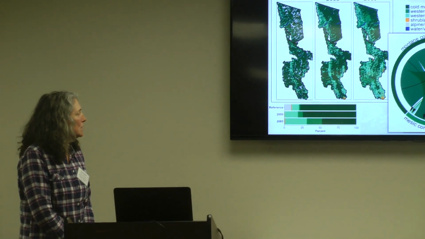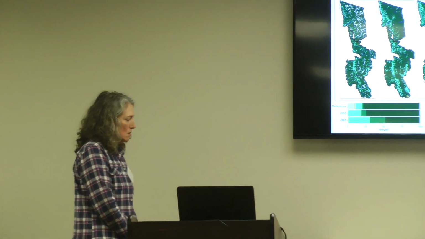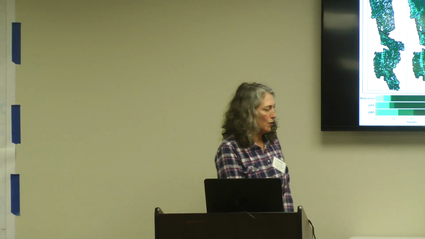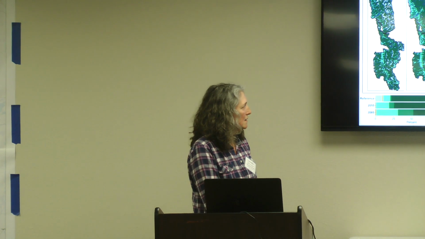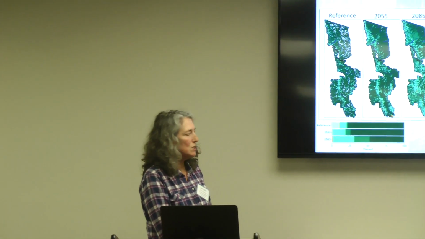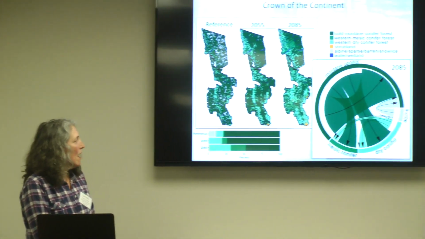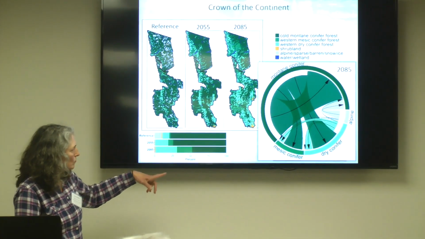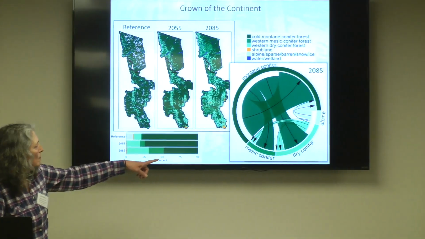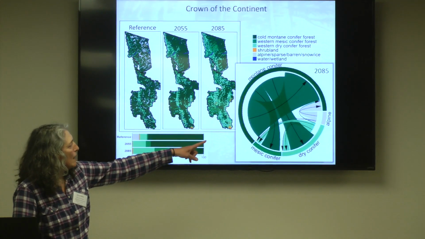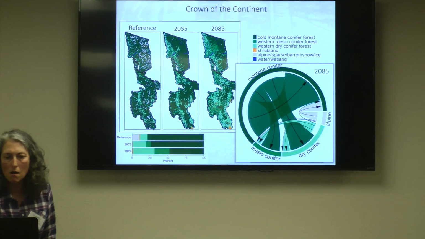And then we can look at these cool diagrams called chord diagrams and actually see the transition, like what's transitioning to what. And the way you can see that gray arcing arrow here.